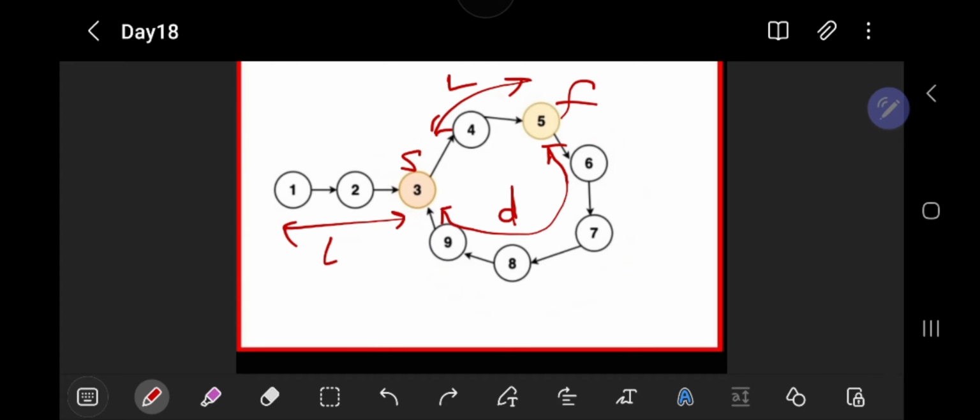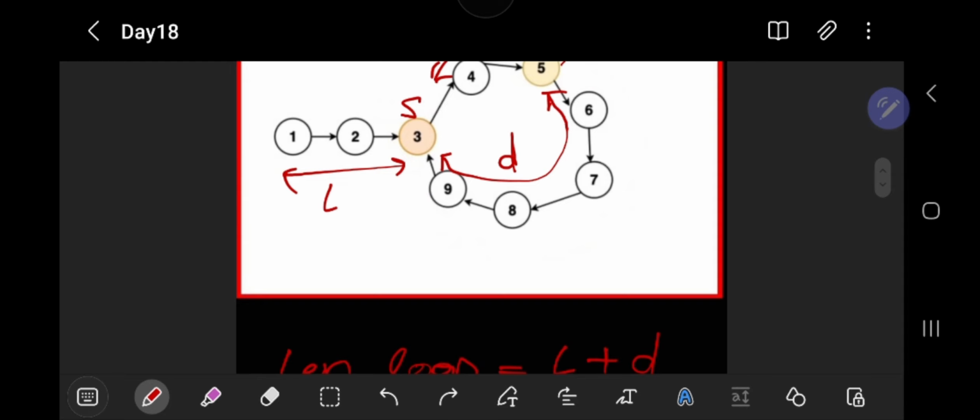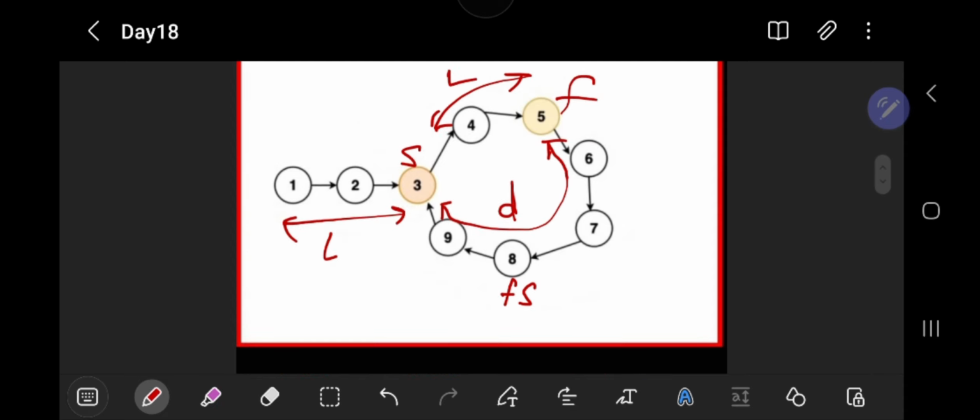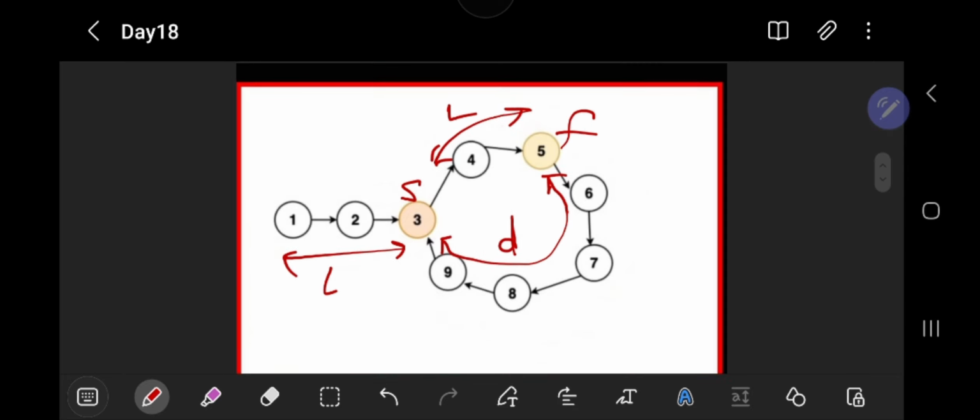Now, where are both fast and slow meeting? They will be meeting over here. Am I correct? Yes, I'm correct. Now, let's look at how many steps fast is moving.